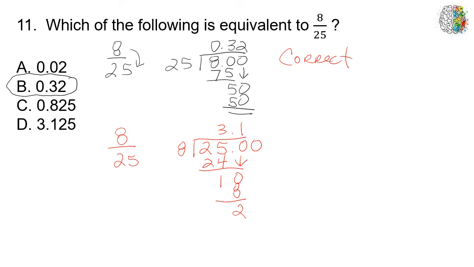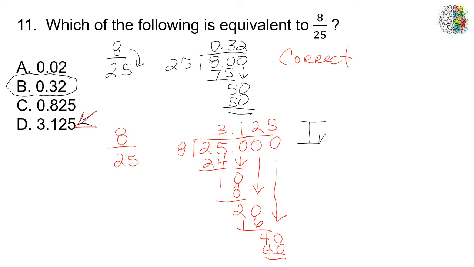The remainder of 2. 8 can go into 22 times. 8 can go into 45 times. And if you'll notice, this is answer D. This is the incorrect answer.